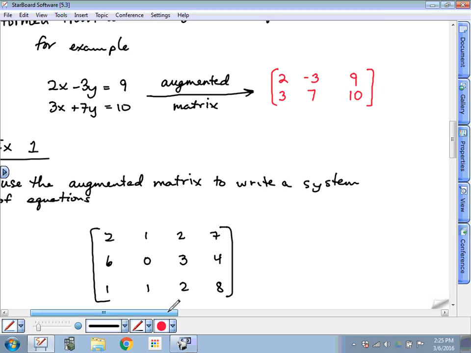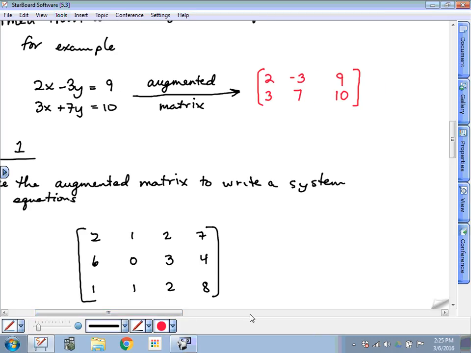So the system of equations that would match this augmented matrix, looking at the top row, would be 2x plus y plus 2z equals 7. Middle row would represent the equation 6x. Now there's a 0 here, meaning there's no y variable, so 6x plus 3z equals 4.